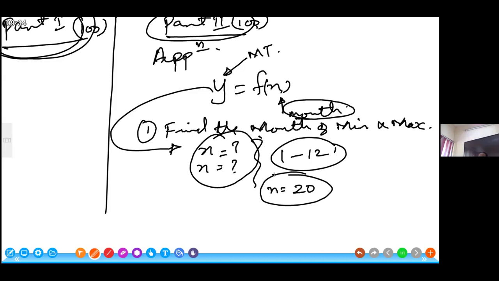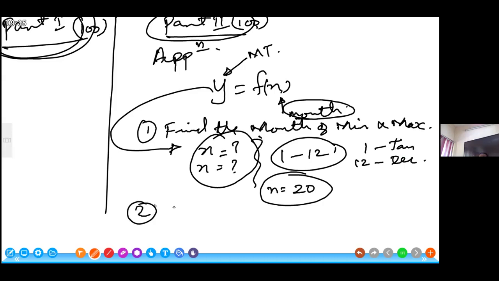When you say 1, it is usually January, then 12 is December. Think in those terms. So you differentiate, then you get the second derivative and find out whether it is a minimum or maximum.